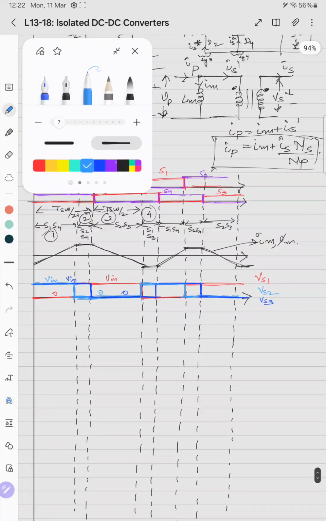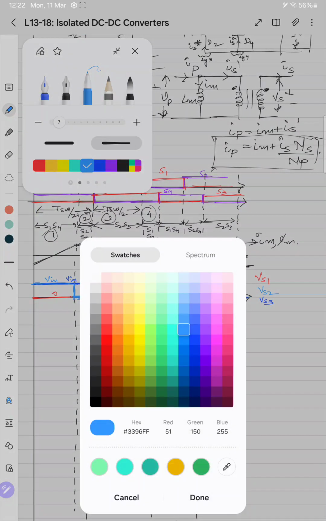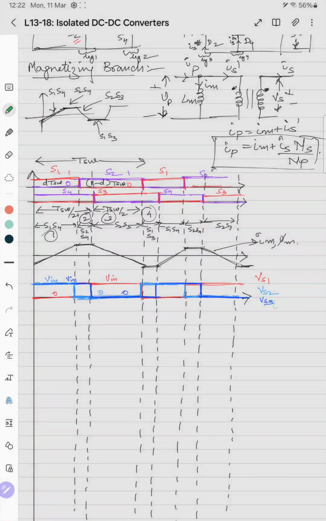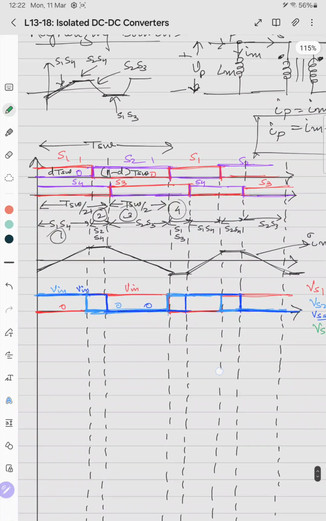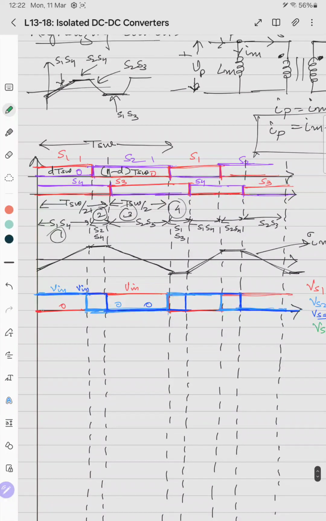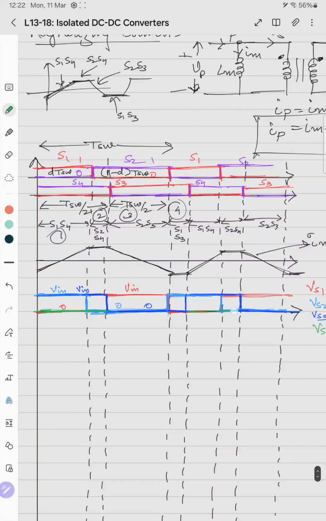So now we'll draw VS4. VS4 is when S4 is on, S1 S4, directly make it 0. 0, 0. Then when S3 is on, it is plus Vin. Like this.